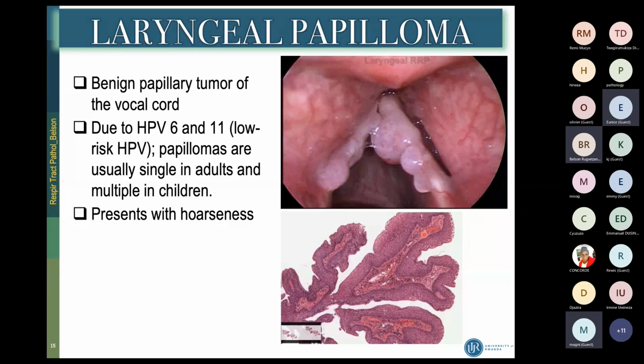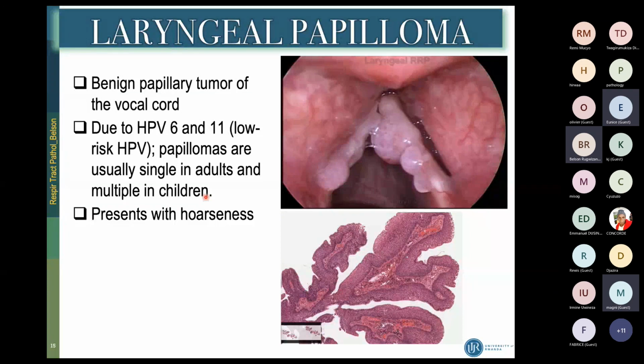So the main cause is HPV, human papilloma virus, and you understand the words papilloma and papilloma virus. Usually where there is HPV, there is a papilloma when it is benign. If it is not benign, then a cancer. The serotypes here are 6 and 11. Maybe you have seen that in virology or in other courses. We have more than 100 serotypes of human papilloma virus. Some are called low risk.